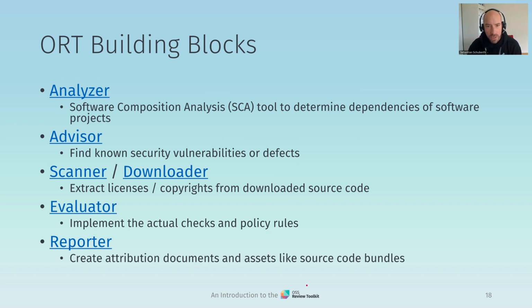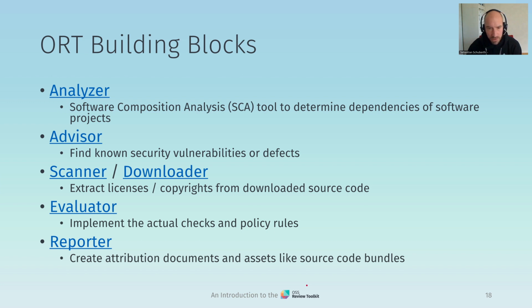Following the workflow, these are the ORT building blocks. In the first step, there is always the analyzer. The analyzer is a more or less classical software composition analysis tool, but I will come to the specialities of it a bit later in a dedicated section. The advisor tool is a tool that can be used to find known security vulnerabilities or also defects in the identified software components.